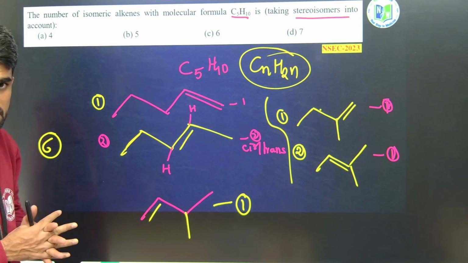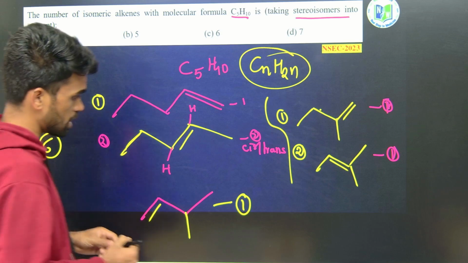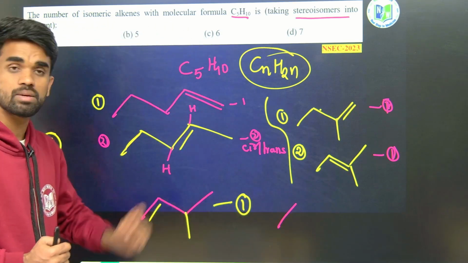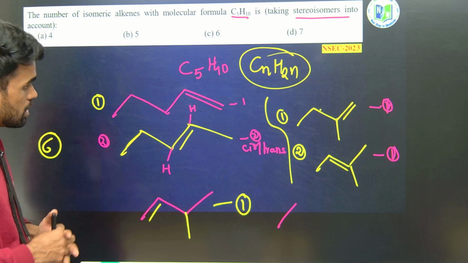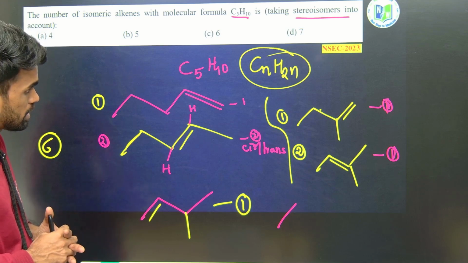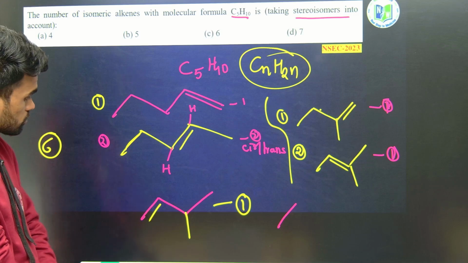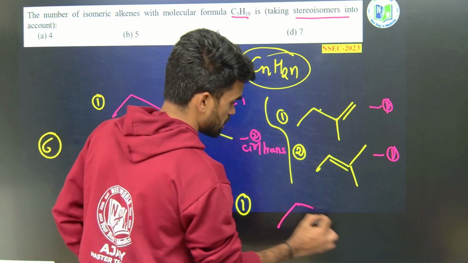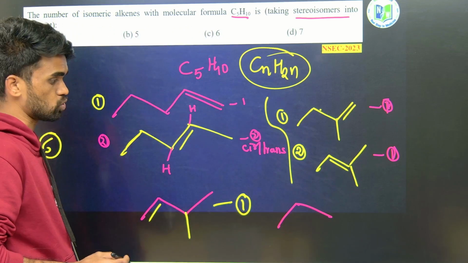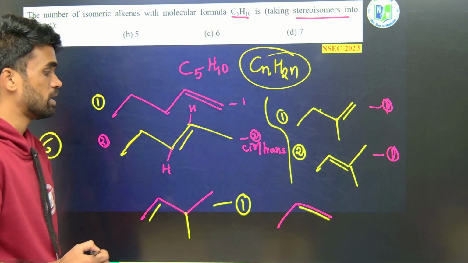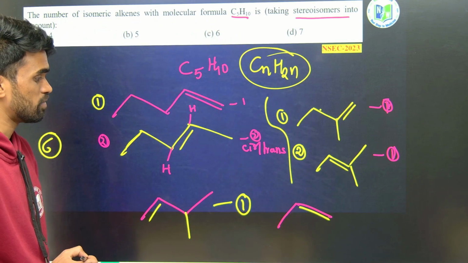Let us check just once, try to draw the structure. So with 4 carbons in the parent chain, these are the maximum possible. So just check, is there any other possibility? No, right? Yeah. So let us put a 3-membered chain like this. Okay, the 3-membered chain is over, and we need to definitely insert a double bond here. Now tell me, where are the other possible ways we can keep?